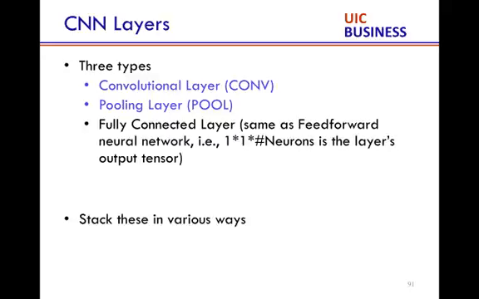So in this case, I'm just writing the output of that layer as 1 times the number of nodes in that layer. It's a very degenerate output, which you already have seen, right? And the two other interesting layers are going to be the convolution layer, from which you get the name convolutional neural network, and a pooling layer.